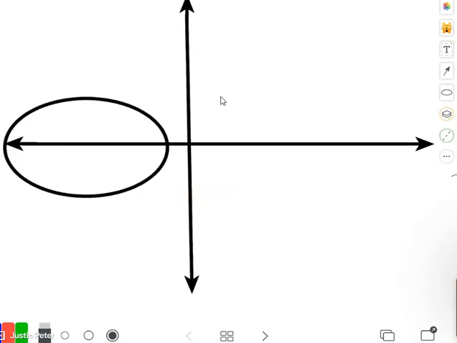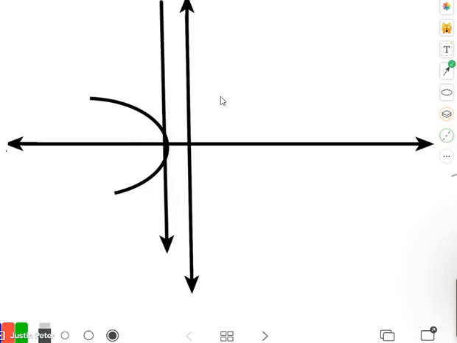So this is going to be our parabola if it is on the left side. Now where is your focus? The vertex is at the origin, so we need to show the vertex. Let me show the vertex. Suppose this is our vertex, at the origin.